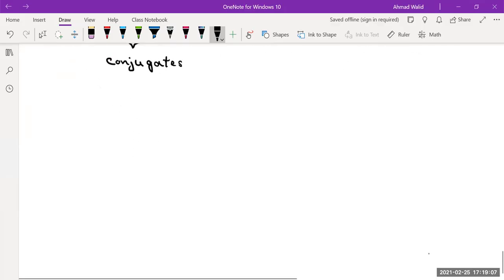Remembering this rule, now if you have two complex numbers that are the same, where the only difference is the sign between them, for example, a plus bi multiplied by a minus bi, basically it's the same form.